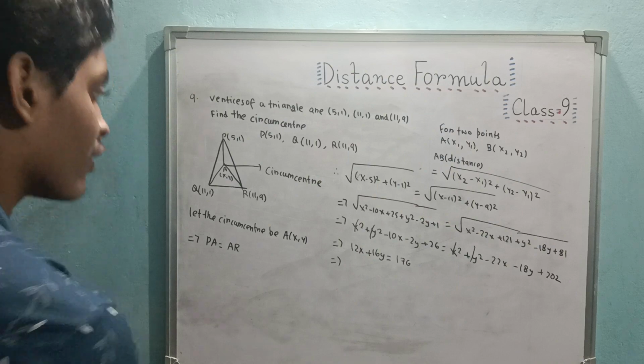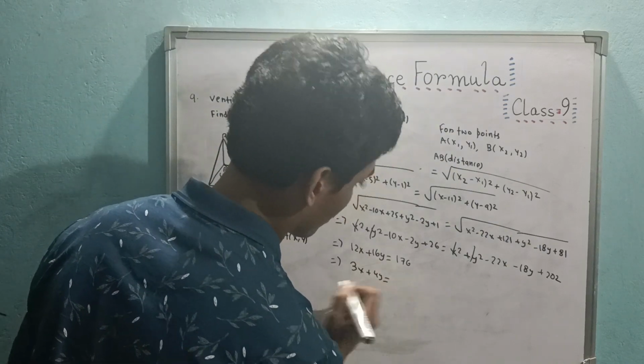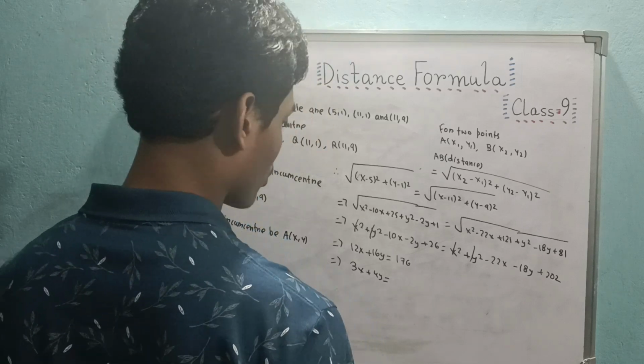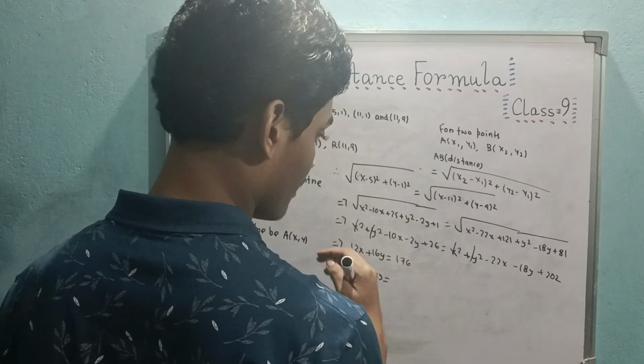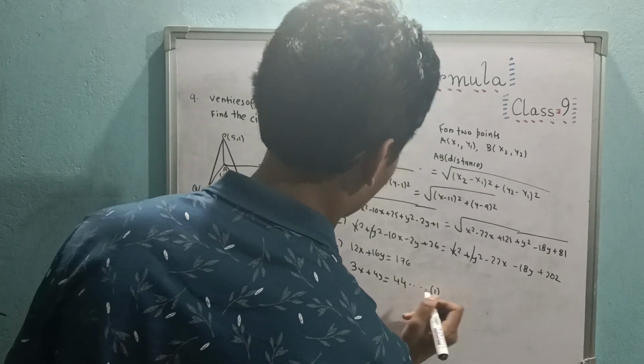Divide the whole equation by 4, you get 3x plus 4y equal to 44. Keep this as equation 1.